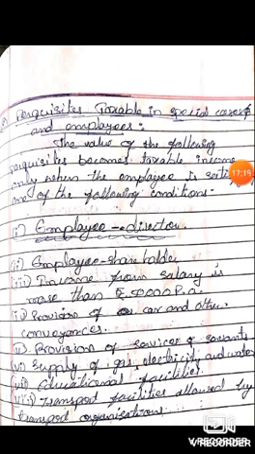Next, perquisites taxable in special cases and employees. The value of the following perquisites becomes taxable income only when the employee satisfies one of the following conditions. When the employee is a director of the company, then the perquisites paid for that employee are taxable. And if an employee is a shareholder of 20% in the company, then he becomes a special employee.